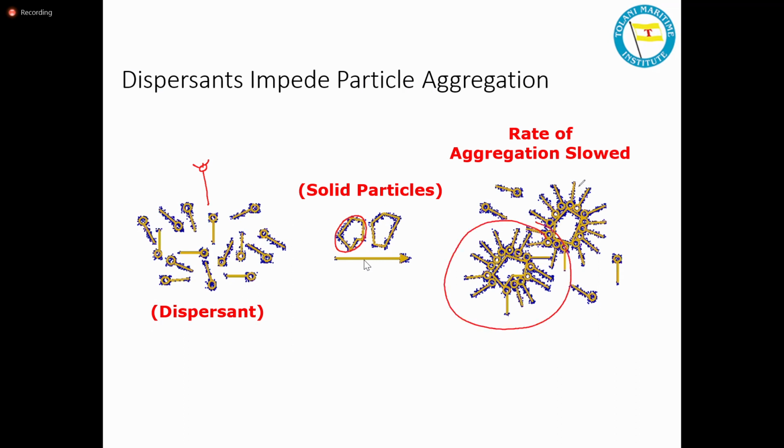The dispersant molecules have attached themselves all around the solid particles, and they have kept these particles apart. It's not allowing two or more particles to join and aggregate together. Aggregation is slowed, and when the particle is very small, it will obviously remain more evenly distributed and more homogenized within the entire lube oil.